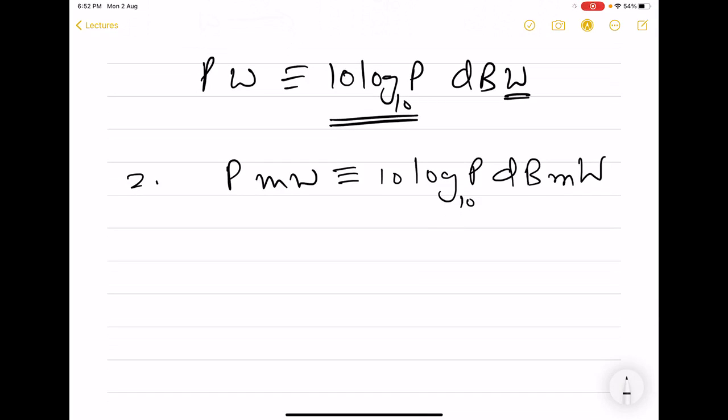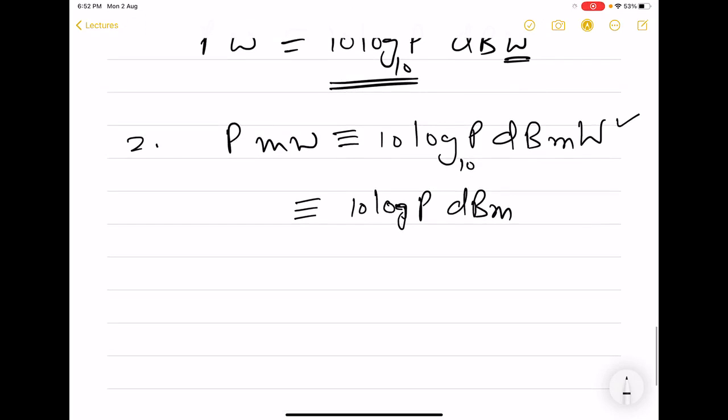So this milliwatt of power is very often encountered in RF and microwave domain. So this is going to be the most widely encountered unit. So what we do is we drop this W and we retain only M. So we say that we have 10 log P dBm. So dBm is shortened form for dBmW.